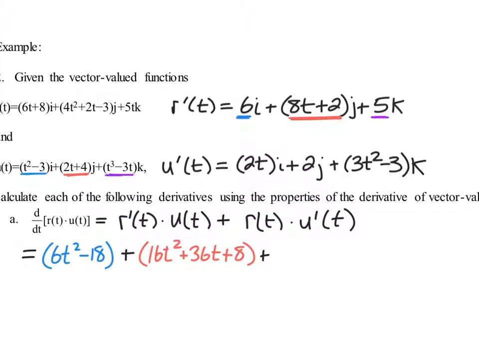At least we end easy here, or at least for this part. So 5t cubed minus 15t. All right, so that's the first part.